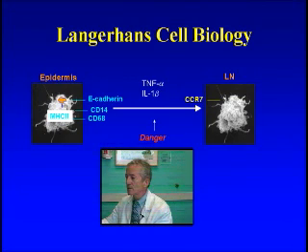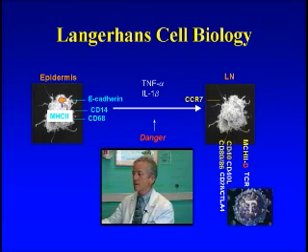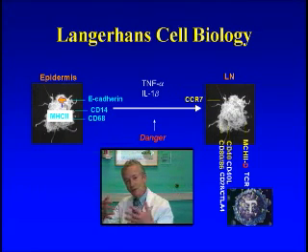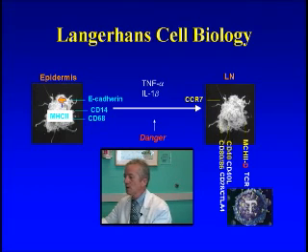So these mobile cells, Langerhans cells, go from the skin to the lymph node, and in the lymph node they have a little connection with some lymphocytes with some special surface proteins called CD40 and the MHC2, which is a very important part of the immune system, and they kind of dock like the space station docks with this T lymphocyte, and therefore communicate that there is something that has stimulated the immune system, and that the T cell has to get activated and produce something to deal with this danger.